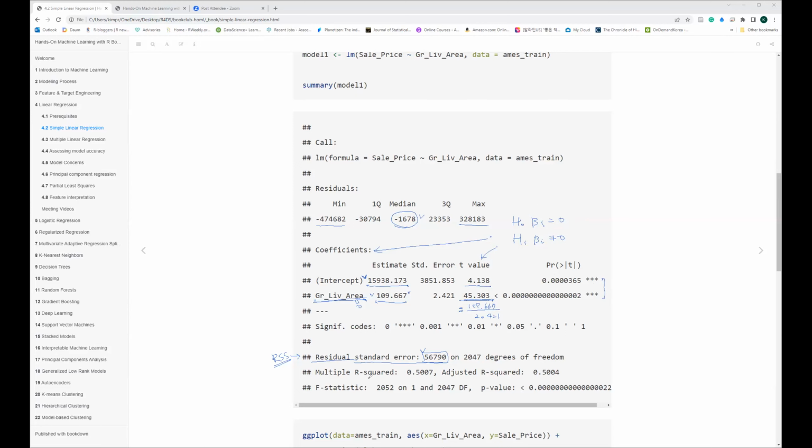And then we also have R squared and the adjusted R squared, weighted by the number of parameters. The F statistic shows the goodness of fit of the measures. In this case, we have 2052 on 1 and 2047 degrees of freedom.